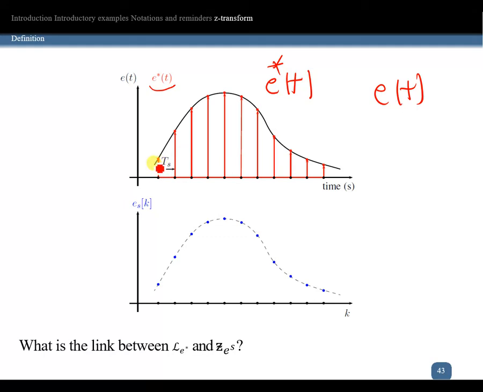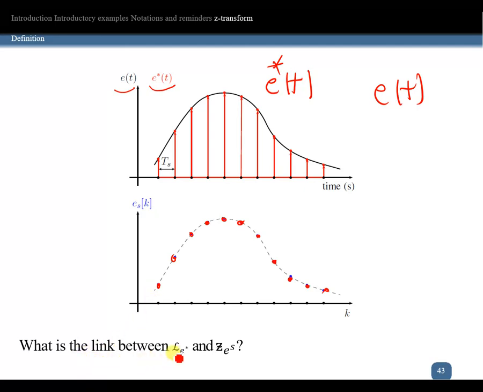If my signal is the black line e(t), I take the sample of my signal and it becomes e star(t), or I can write e sampled at k. These two definitions I will repeat a lot, and you must keep them in mind: e(t), I take the sample, I can write e star(t), or I can write e sampled at k.